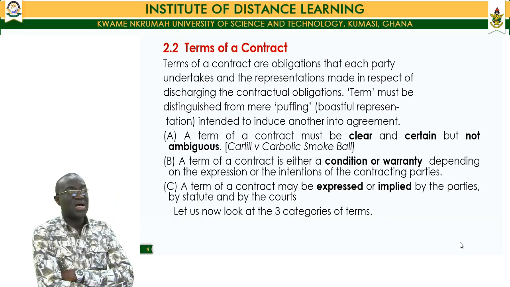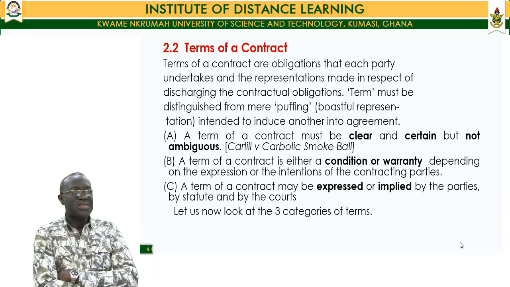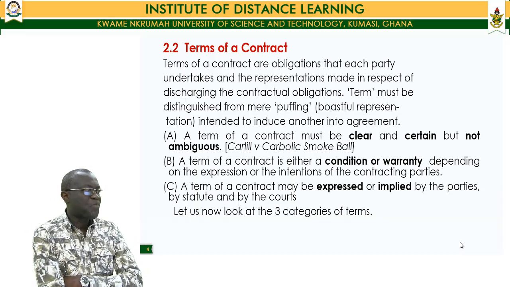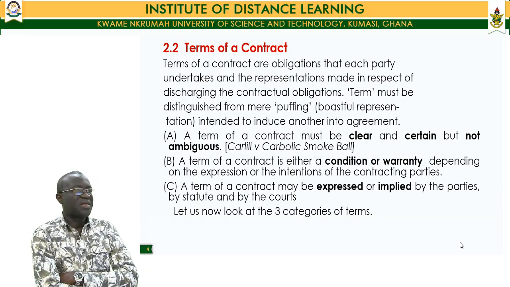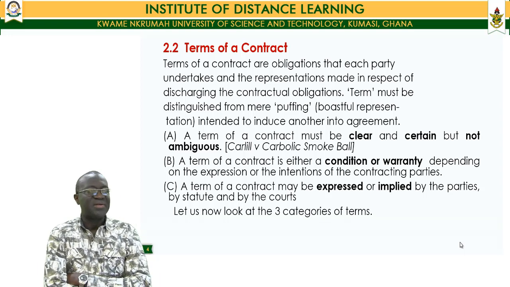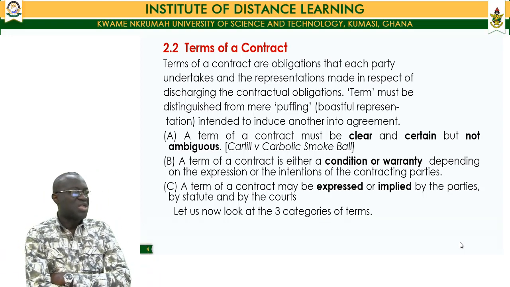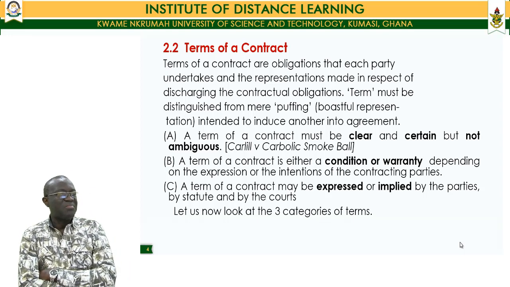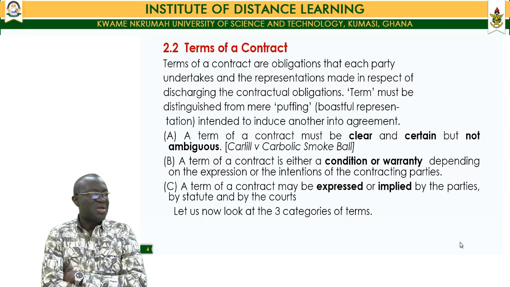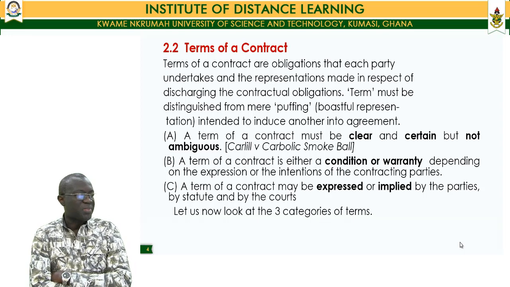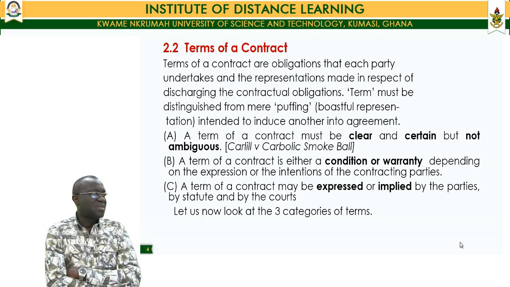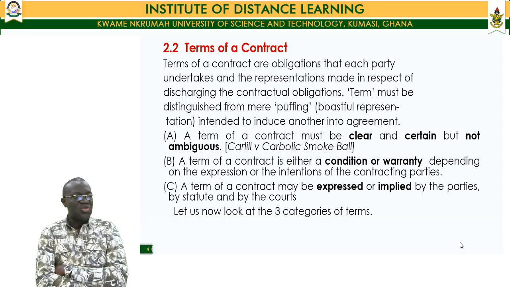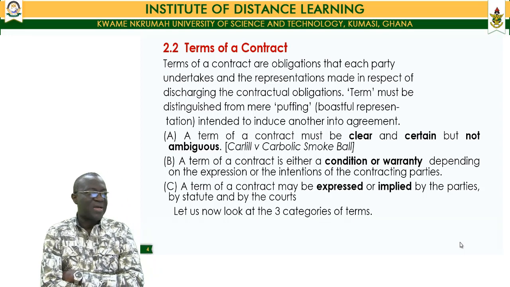Now look at the terms of a contract. Terms of a contract are really obligations that each party undertakes, and the representations made in respect of discharging the contractual obligations. A term must be distinguished from mere puffing or boastful representation, which is intended to induce another into the agreement.